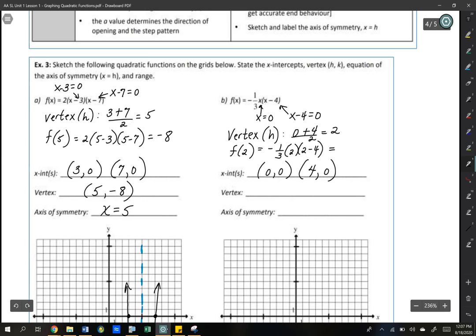And that's going to give us 4/3. Right, so our vertex is 2, 4/3. And our axis of symmetry, of course, is always x equals the h value. So x equals 2. And we'll go ahead and sketch that.